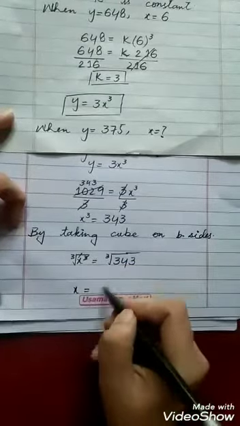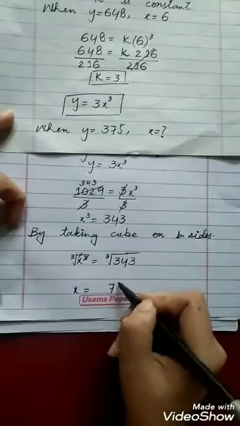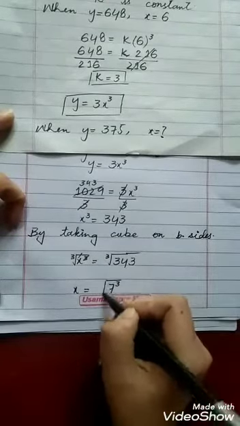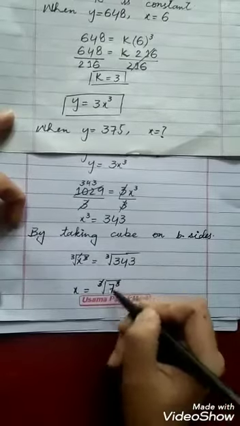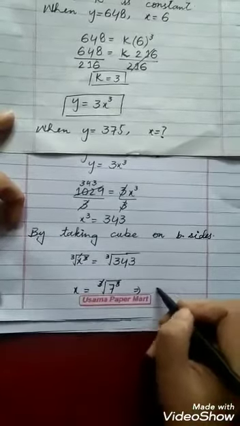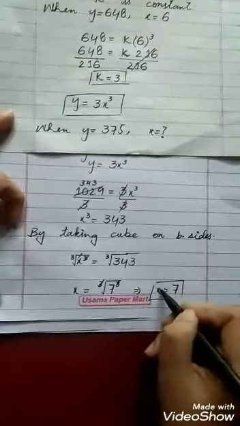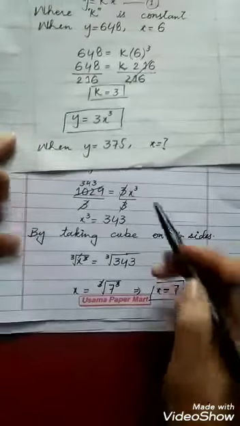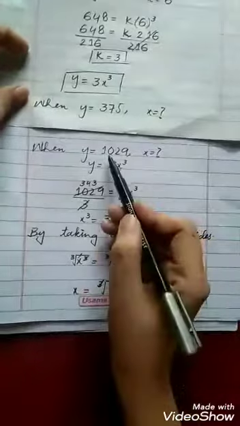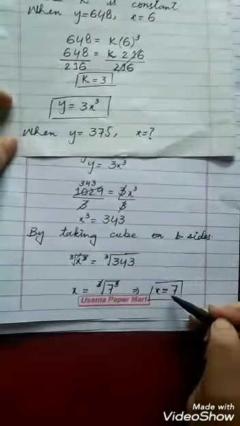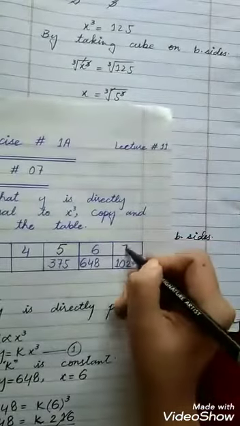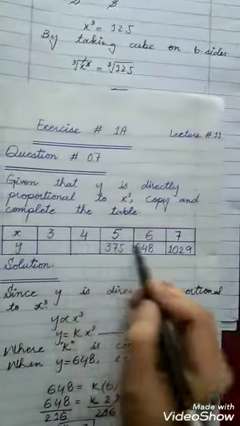X is equal to, that cube is of 7. Now both cancel, so we got x is equal to 7. We got x is equal to 7 when y was equal to 1029. So we will put this value in the table now. X is equal to 7. All x values we have found.